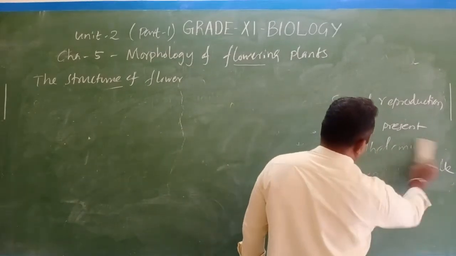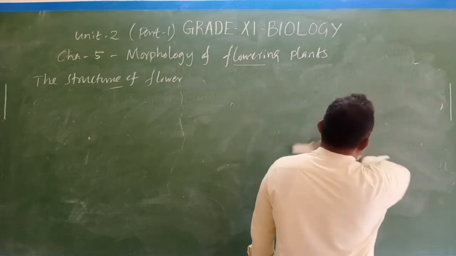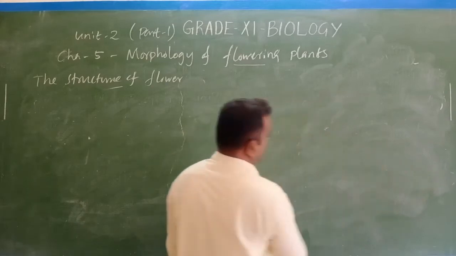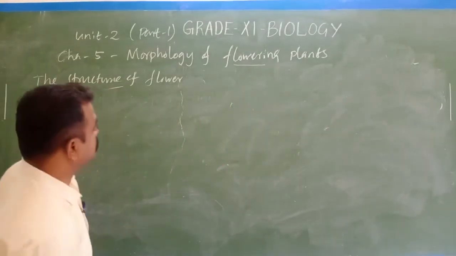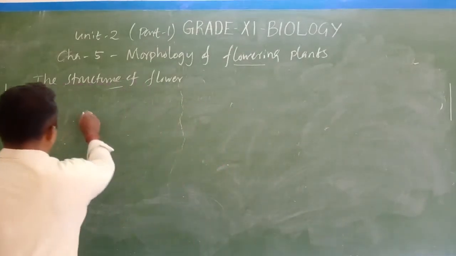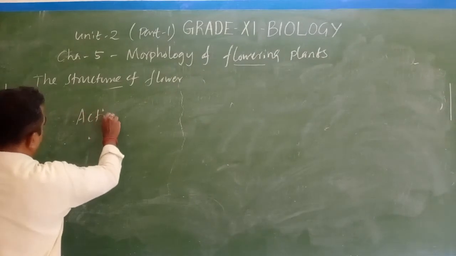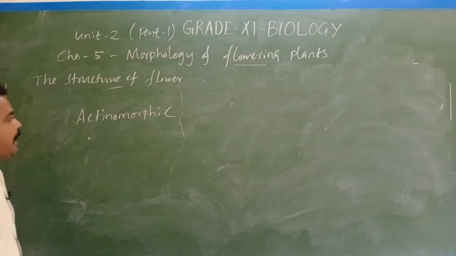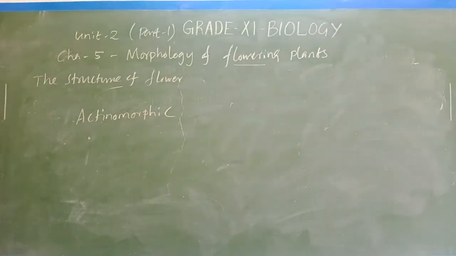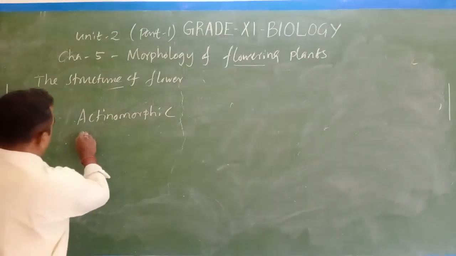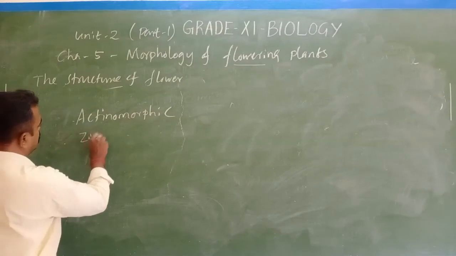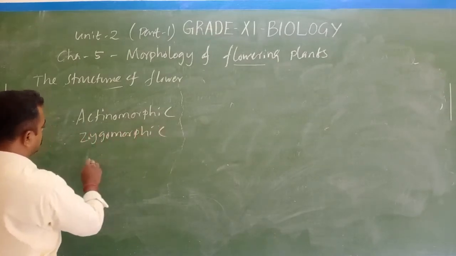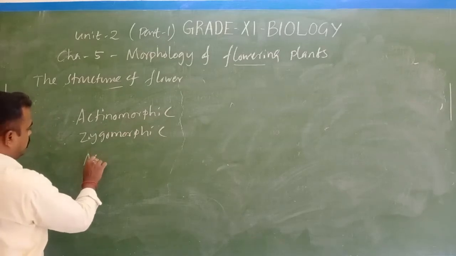So, like the same thing here, we are going to see actinomorphic, zygomorphic, and asymmetric.